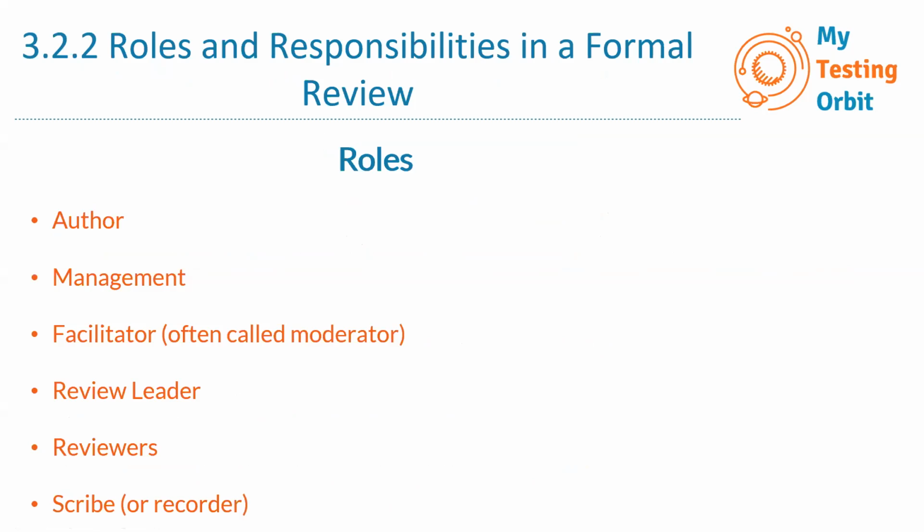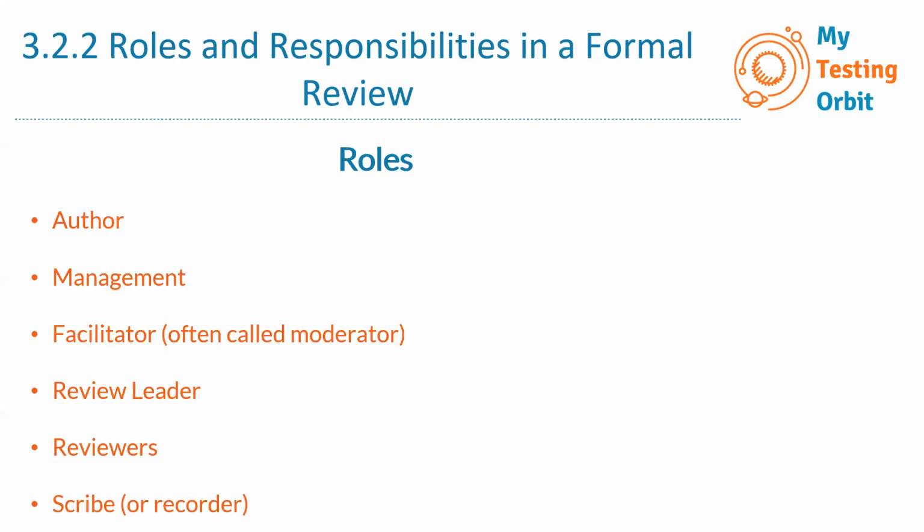Okay, so now we are done with the review process, and now we will discuss roles. In previous slides, we did mention roles, participants. Each participant can have a different role, and there are a few review types in which a few roles are mandatory and the others can be optional.